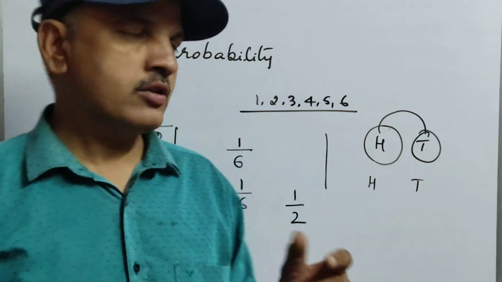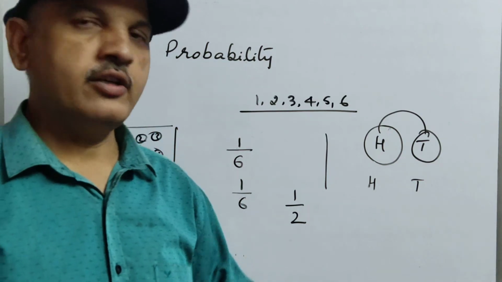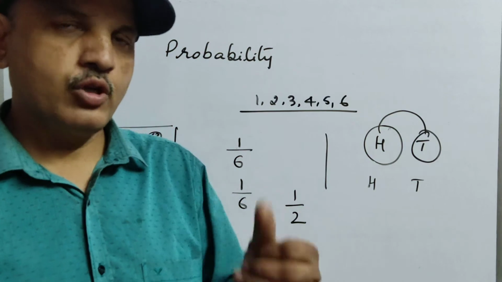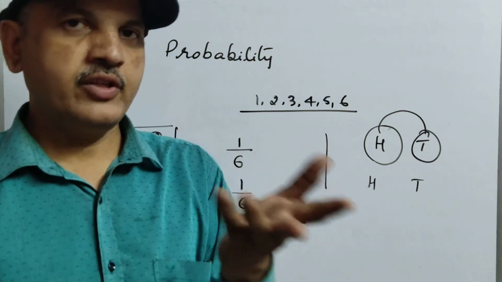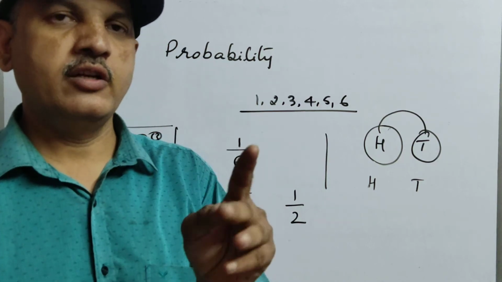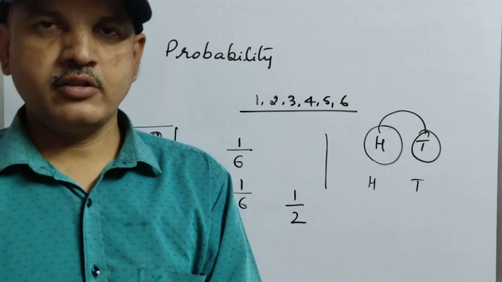Now, event means what? When you want to start the game, you go to the field and you want to decide by tossing a coin. When you're tossing a coin, you know it's 50-50 chances, right? Because a coin contains only 2, either head or tail. If head comes and you chose head, you are going to start the game.